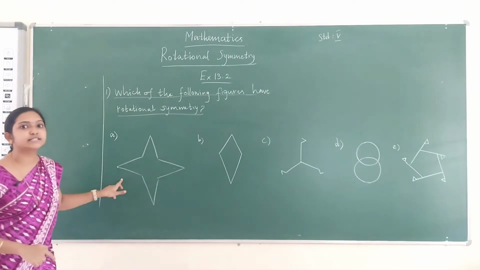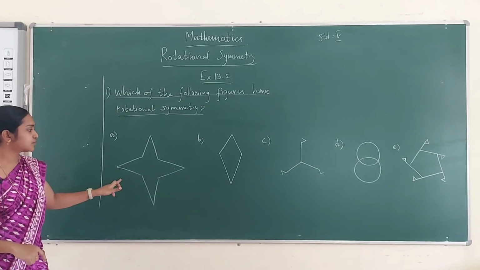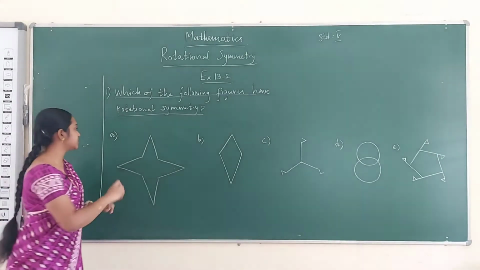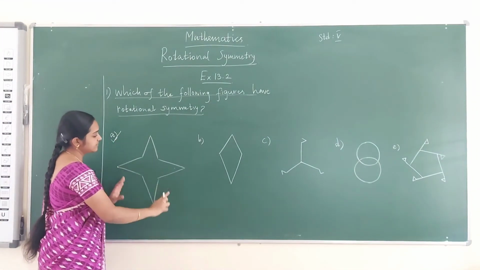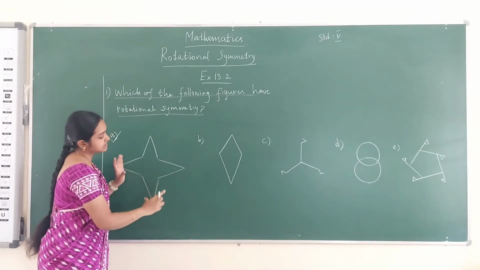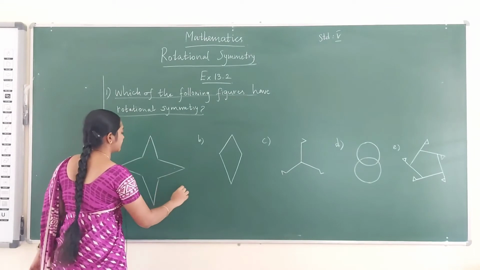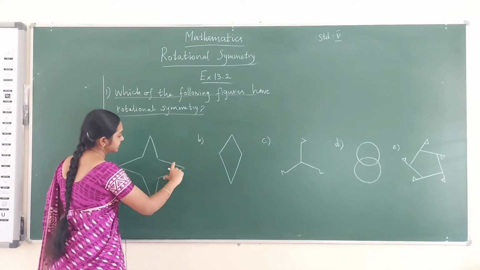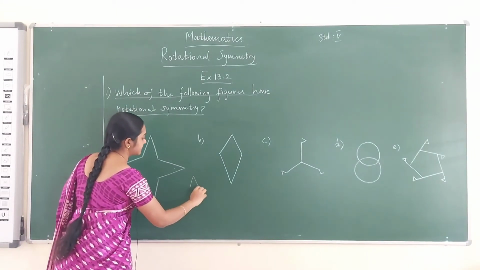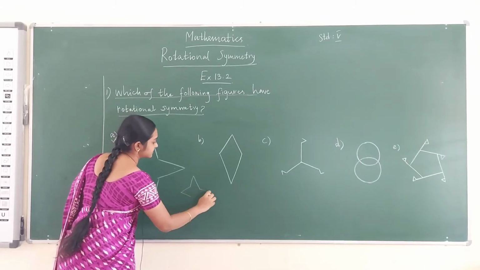So it will look the same as the original image. So this image has rotational symmetry. Even if we rotate it by 90 degrees, it will look like this.